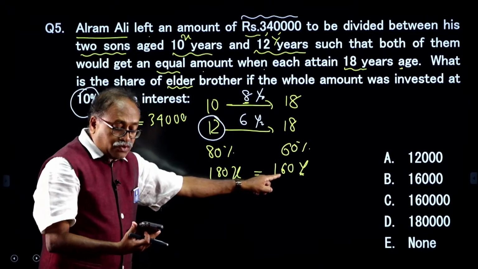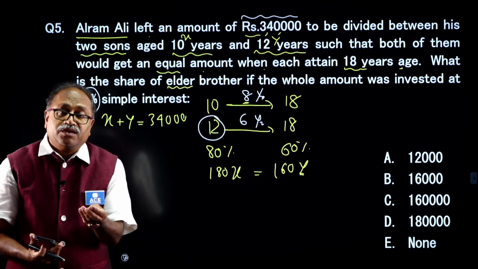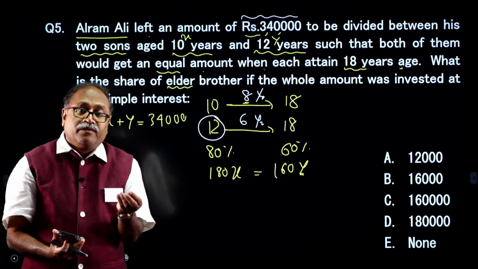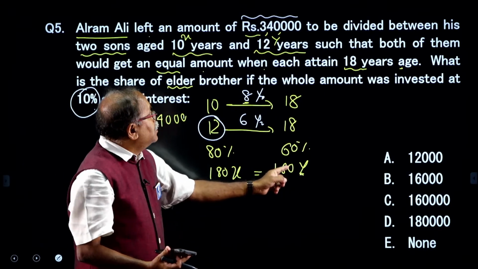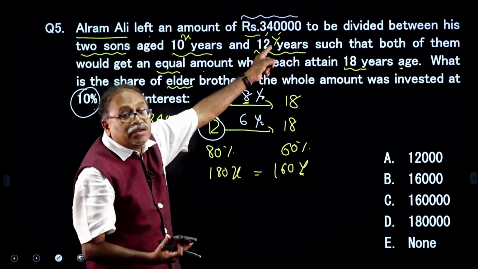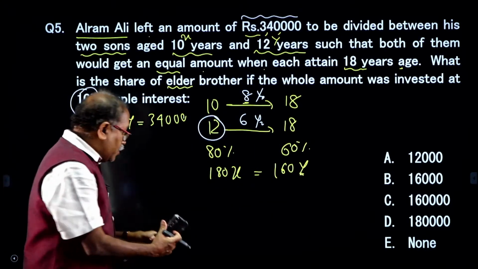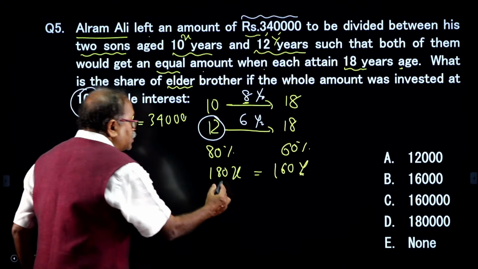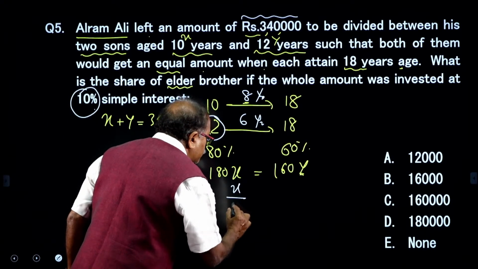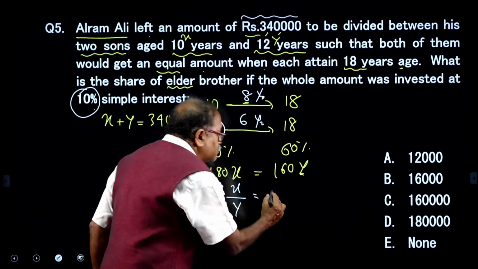180% of x is equal to 160% of y. You are getting the ratio x to y, and you need to find out how much the elder person is getting, and the elder person we consider is y. Let me complete this. So x by y is equal to 8 by 9.